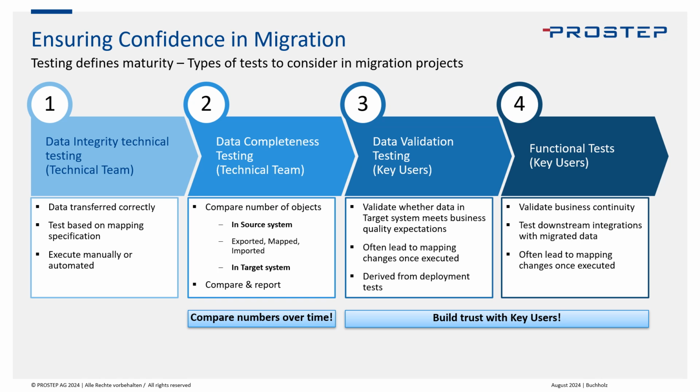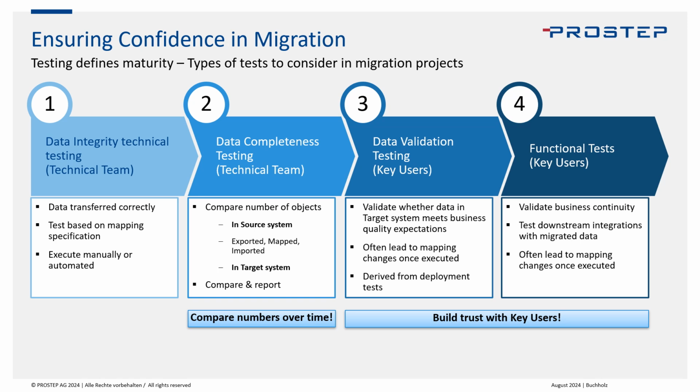So that's a very important thing to do. The next two test types are all about building trust with the key users. The first thing is data validation testing. This needs to be prepared and also executed by the key users. Preparing these data validation tests forces the key users to really look into the new data model and the new methodologies that were introduced in the new system, which will make them more confident, obviously, because they need to dig into these things.